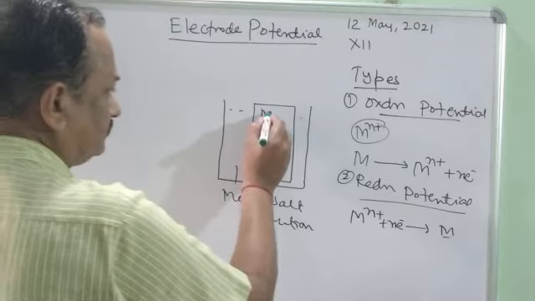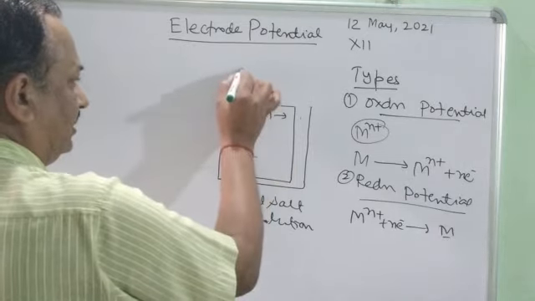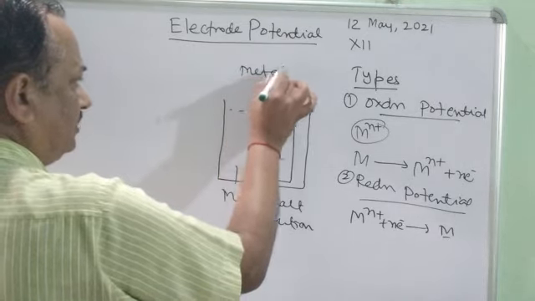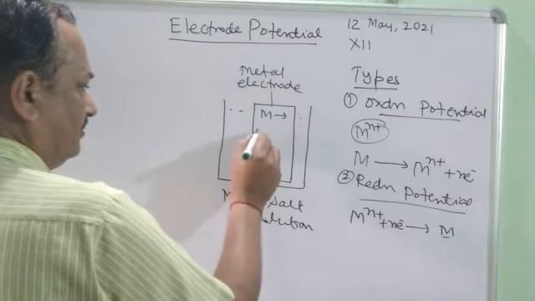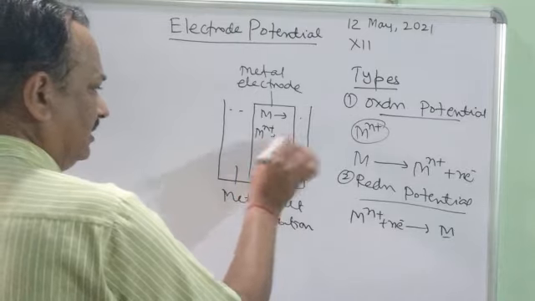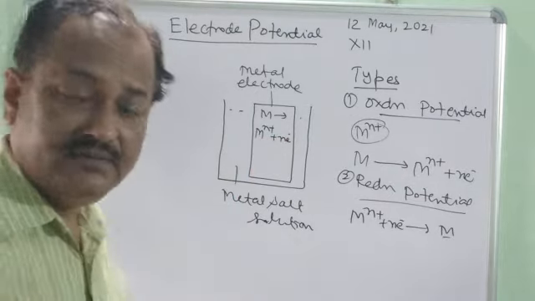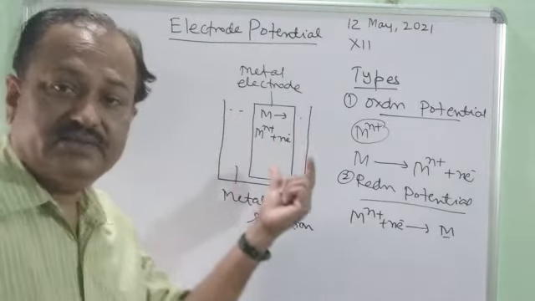Now this is the metal electrode, and it will undergo oxidation like this. The reaction takes place at the surface.